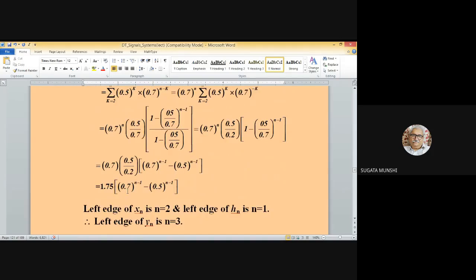Ultimately comes out as 1.75 times within brackets 0.7 to the power n minus 1 minus 0.5 to the power n minus 1. All right.